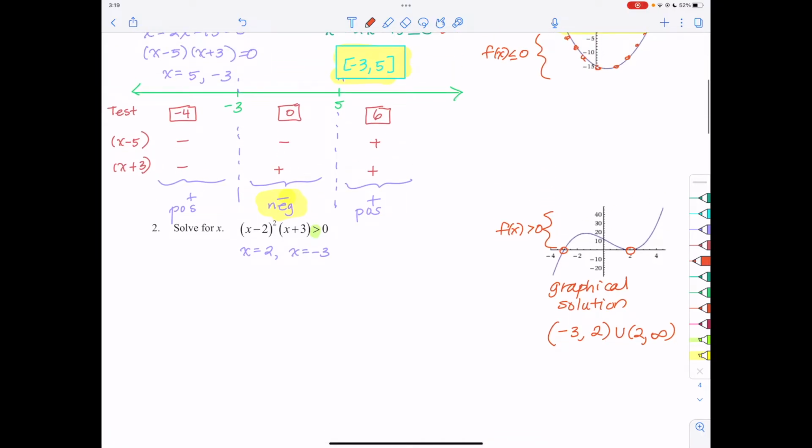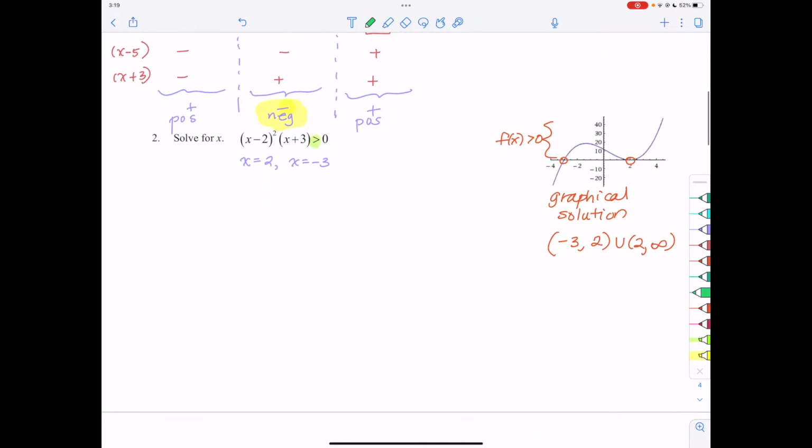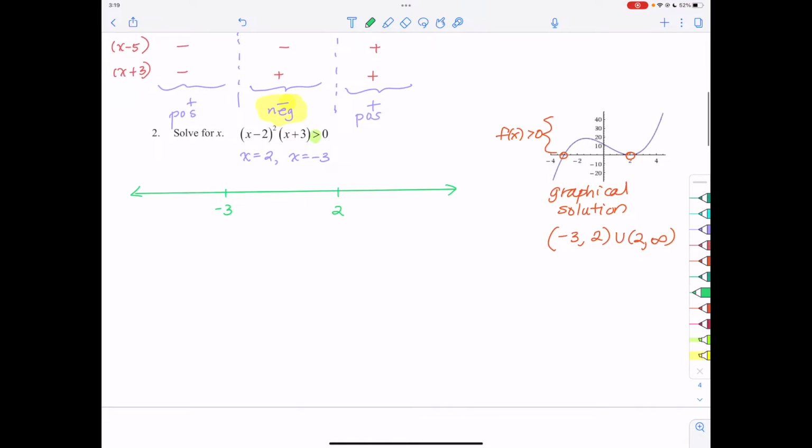So again, we will make this really nice sign chart. And we will put our solutions on here, -3 and 2, and we will have these open at -3 and 2. And let's go ahead and test.